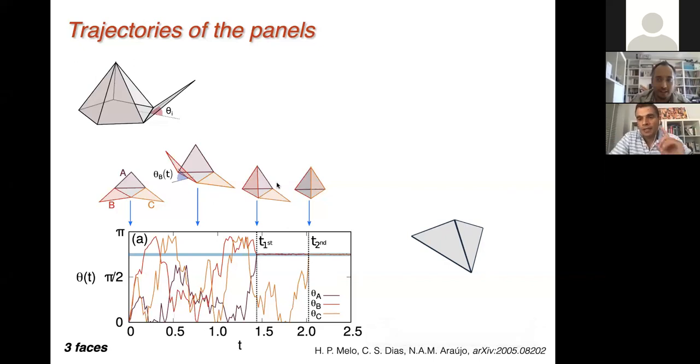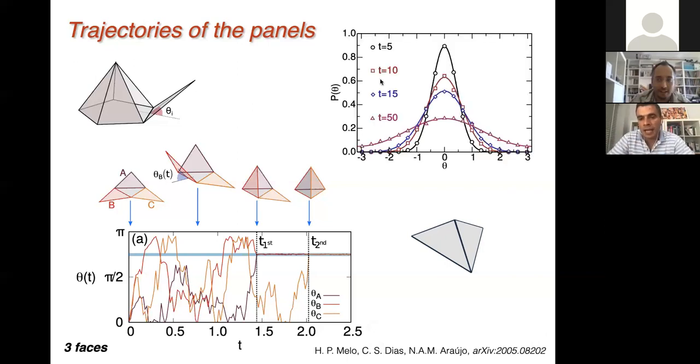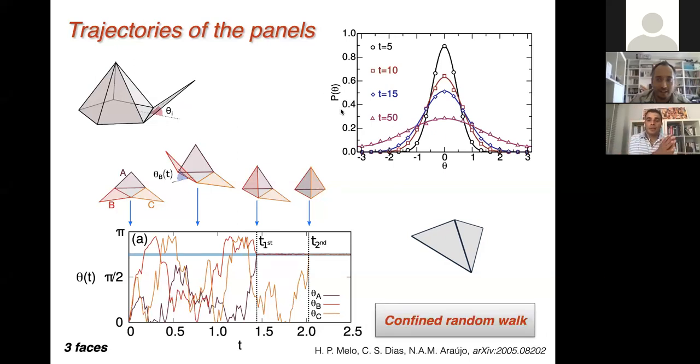When we look to the statistics of this time series, even before the binding events, what we see, and here I'm just plotting one of the quantities that we have looked at, that is the distribution of the angles, is consistent with having a confined random walk in an angular space, confined because the angle can only be between 0 and pi.